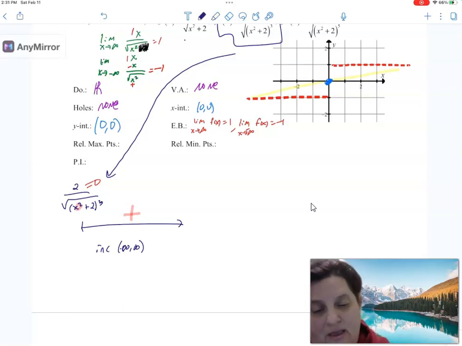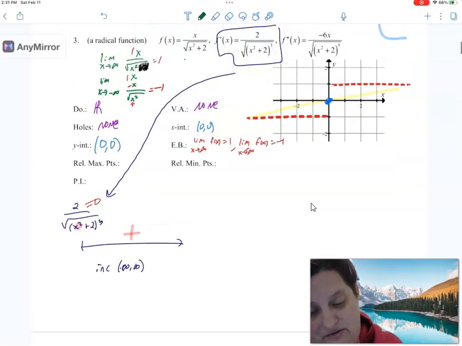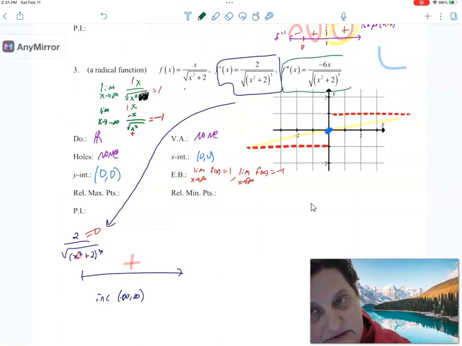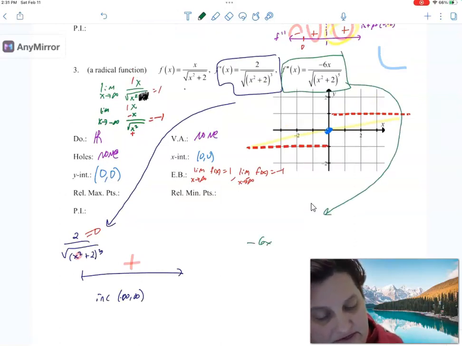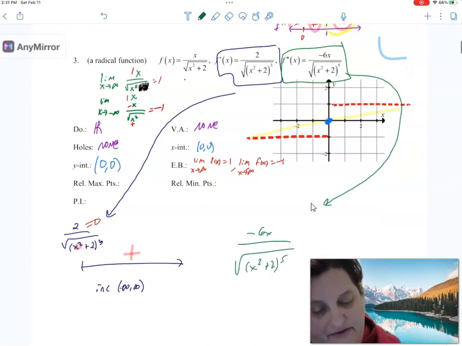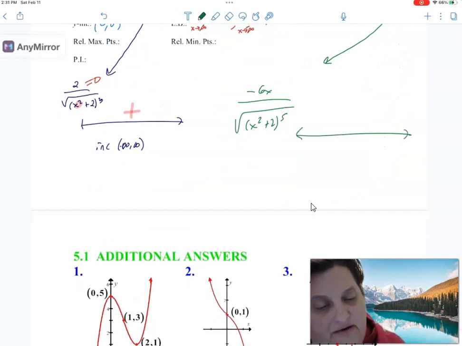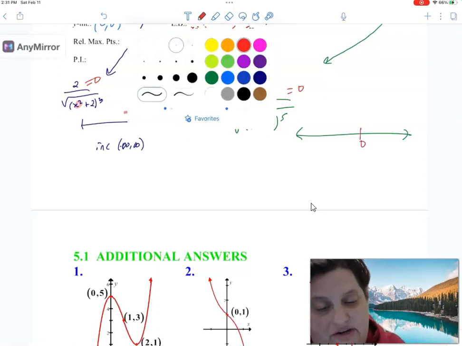So we'll see. Okay, now we do our second derivative. So I'm going to take this. All right, negative 6x over the square root of x squared plus 2 to the fifth. And my sign line graph for my second derivative. Now, the second derivative equals 0 at 0, so at least it does have a change in concavity.